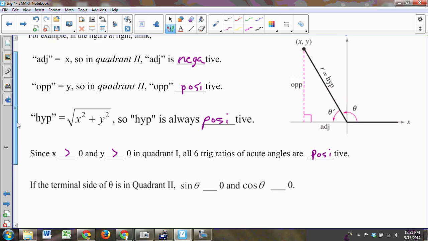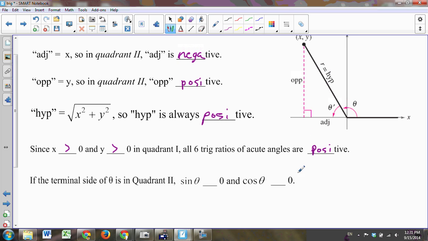But now, if the terminal side of the angle is in the second quadrant, then the sine of theta, remember, is opposite over hypotenuse. Opposite is going to be positive because it's a y.